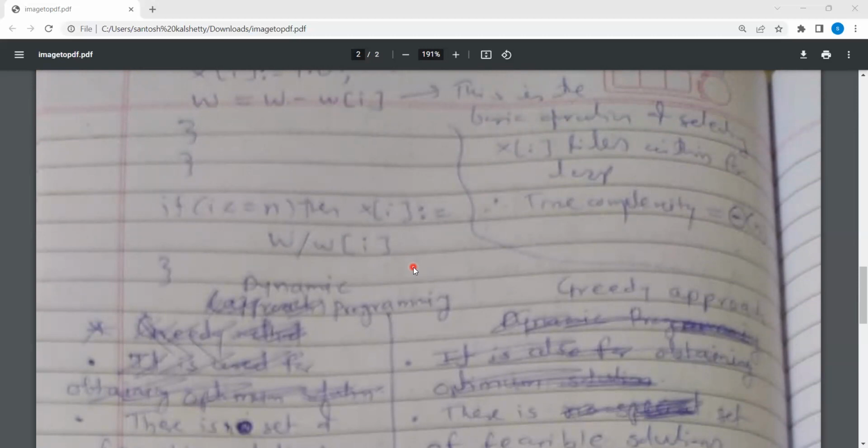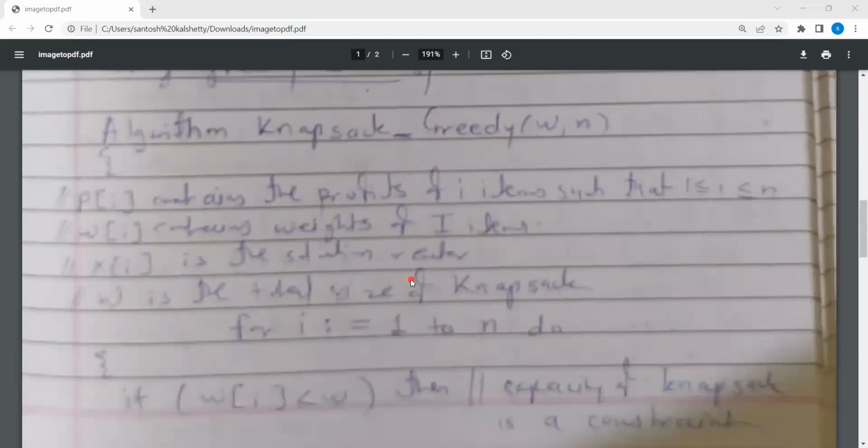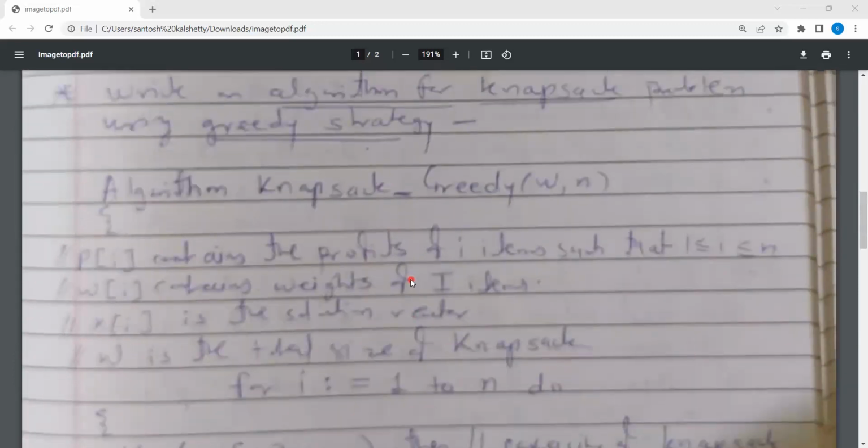Curly bracket complete. w[i] is the weights of items. This is the algorithm for knapsack problem using greedy strategy.